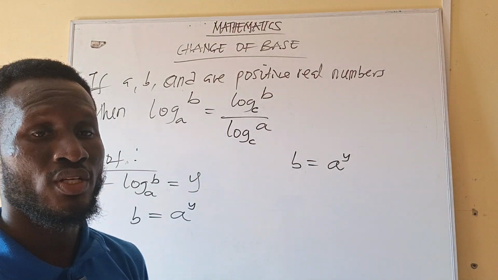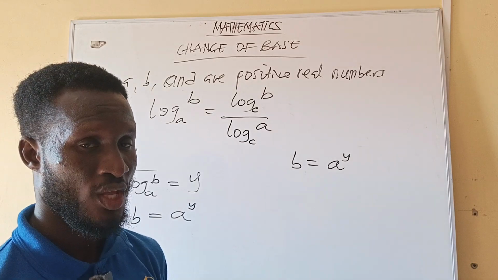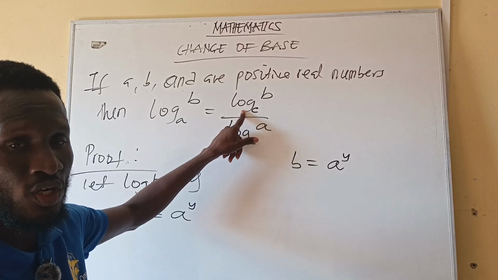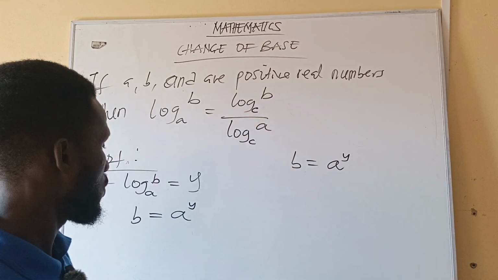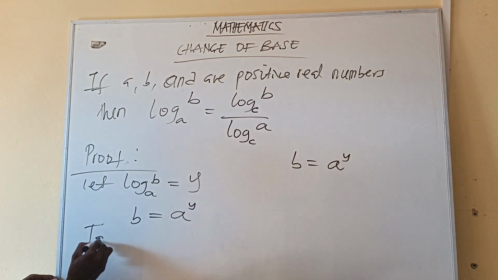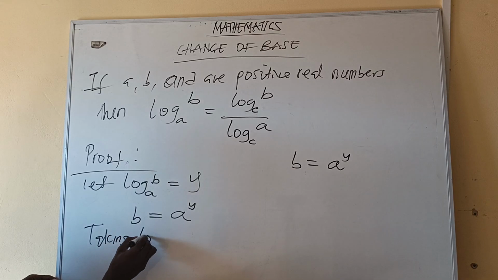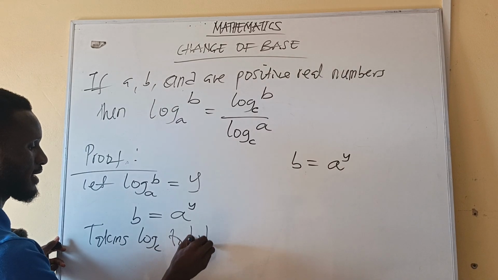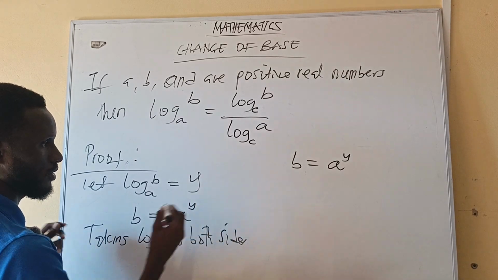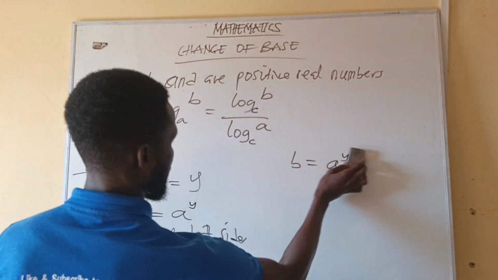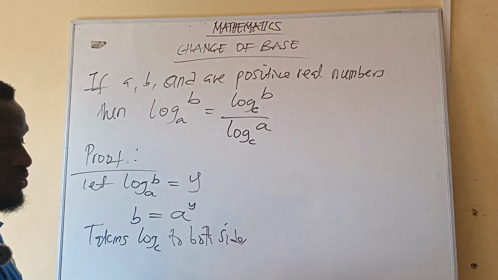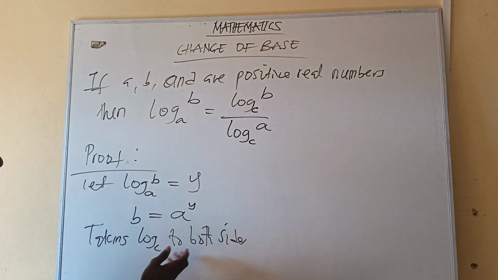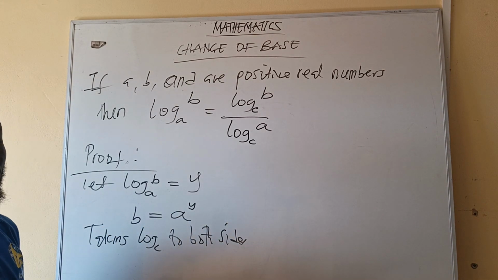Now at this particular point, I'm going to prove this one. So what I'm going to do is introduce logarithm to both sides of the equation. I'm going to introduce logarithm of base c to both sides, because if you look at this one, the base is c. So taking log of base c to both sides of the equation means I multiply here by log of base c, and here by log of base c.